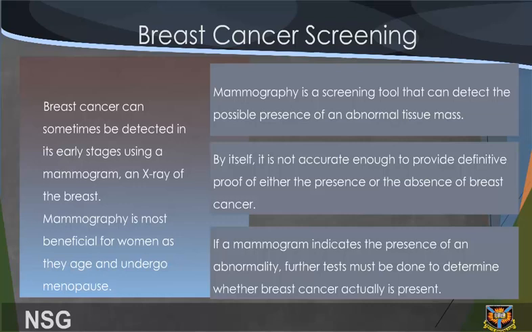By itself, it is not accurate enough to provide definitive proof of either the presence or the absence of breast cancer. If a mammogram indicates the presence of an abnormality, further tests must be done to determine whether breast cancer actually is present.